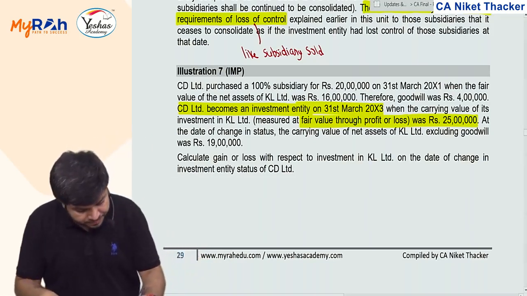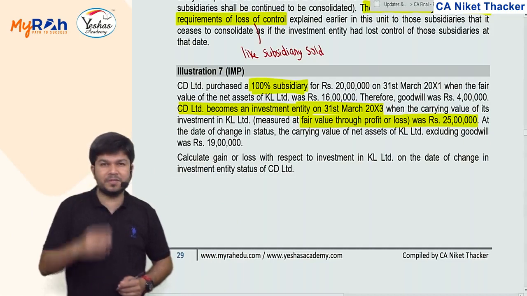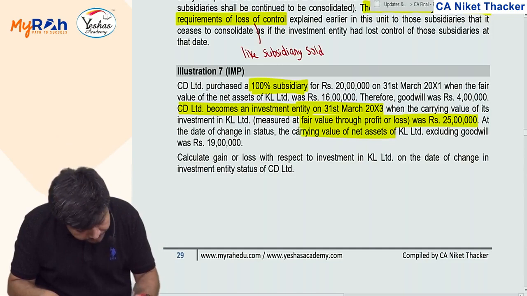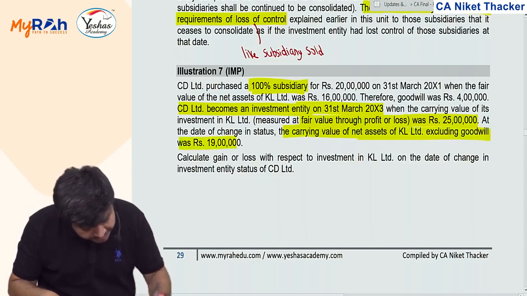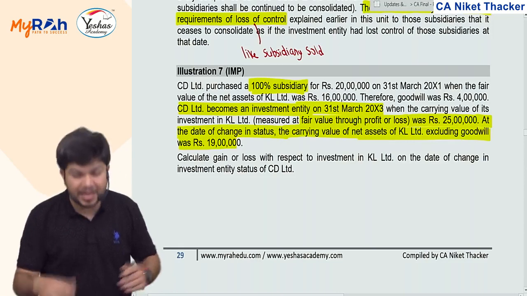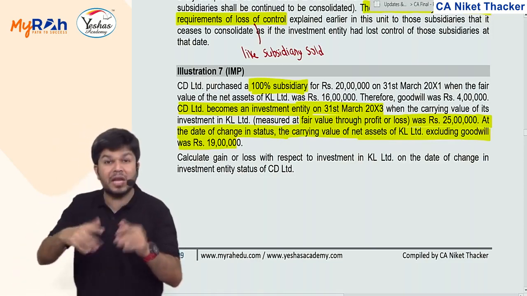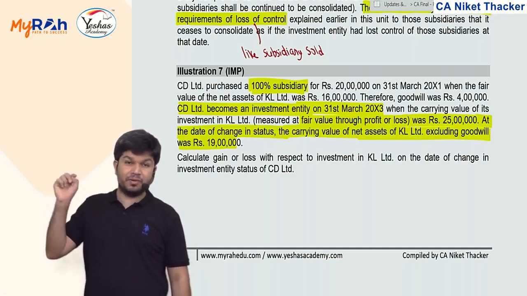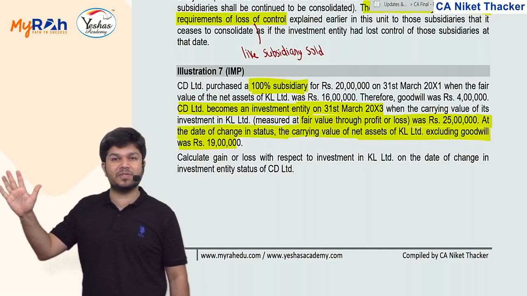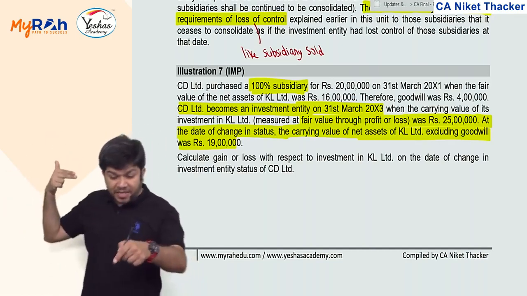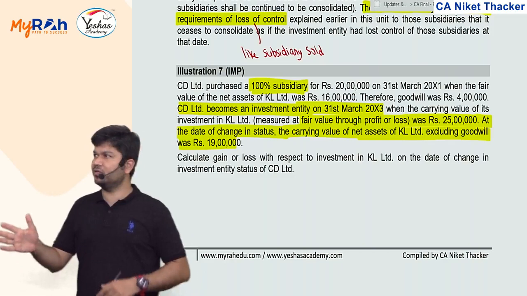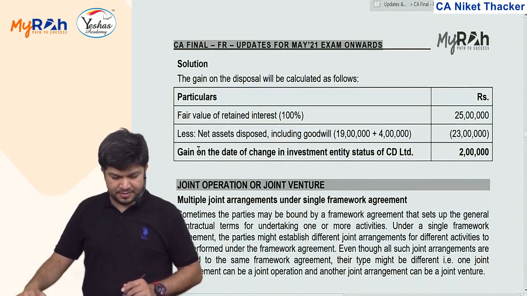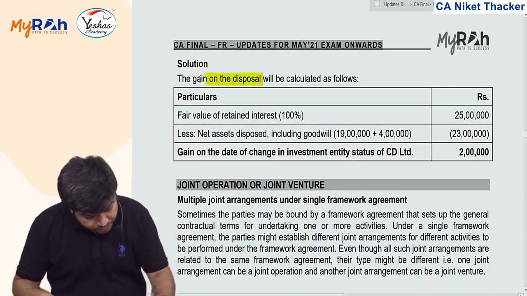We hold 100%, NCI nil. So carrying amount of net asset excluding goodwill is 19 lakh. The net assets 19 go away, goodwill 4 lakh goes away. Total 23 goes away, and investment will come in at 25 lakh, the fair value. 23 goes, 25 comes, 2 lakh is gain. The gain on disposal.